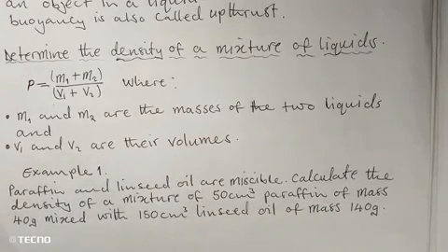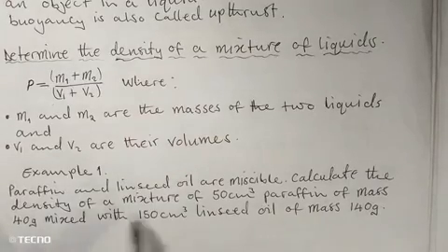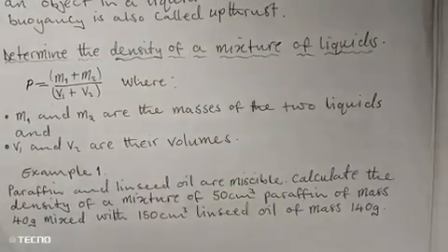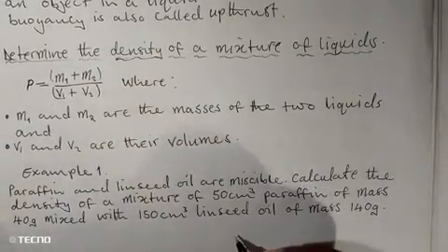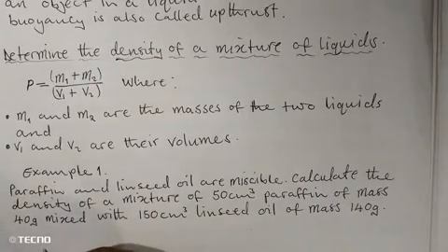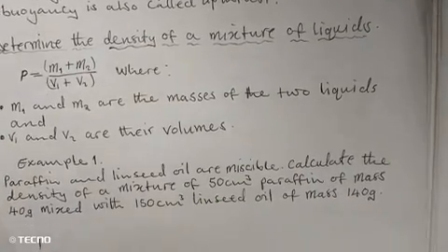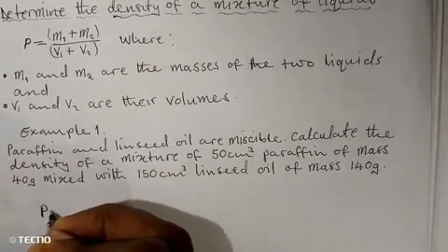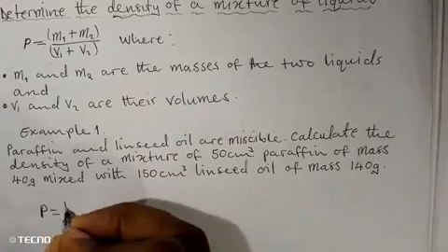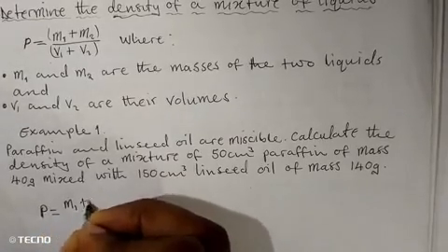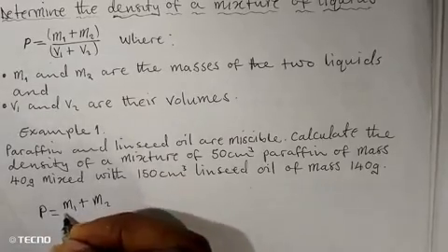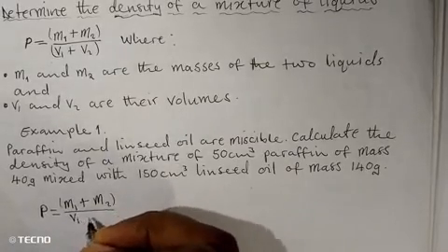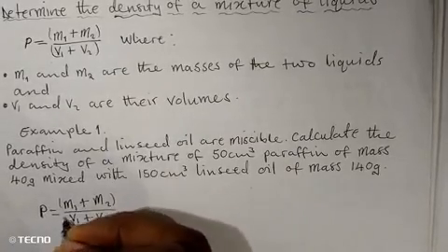So here, what we need to do first is collect the data. First, let's write the formula, which is density equals mass 1 plus mass 2, over volume 1 plus volume 2.